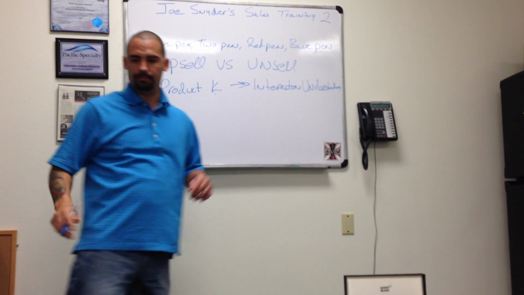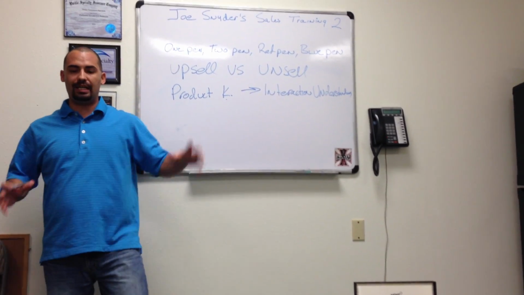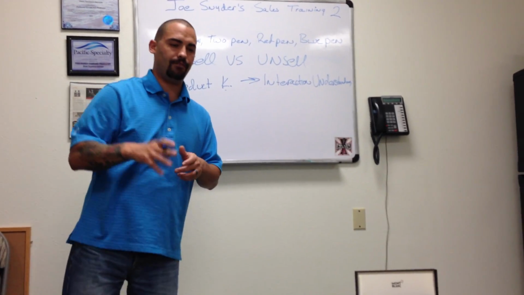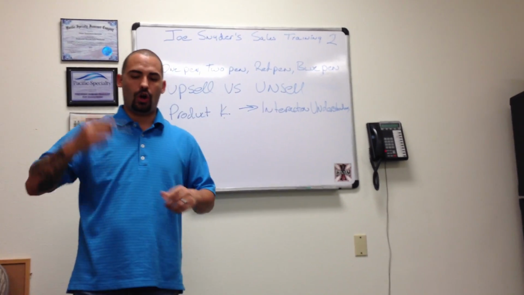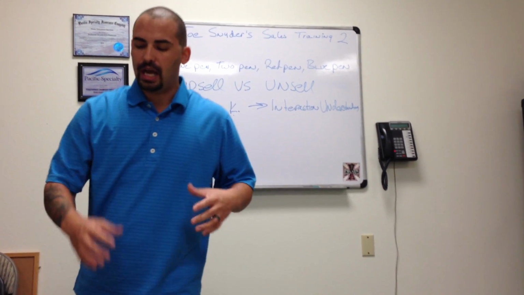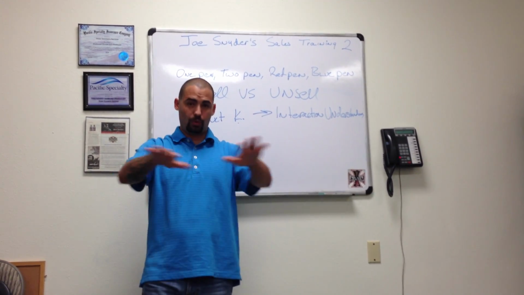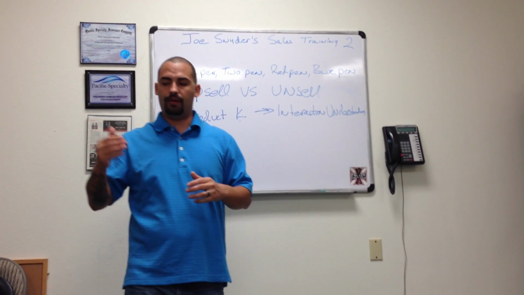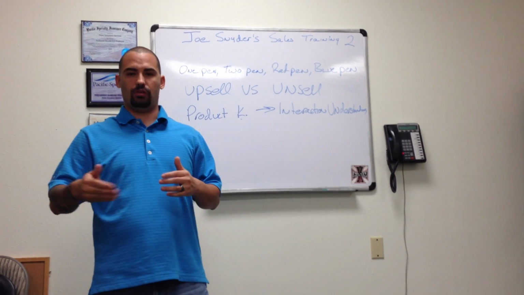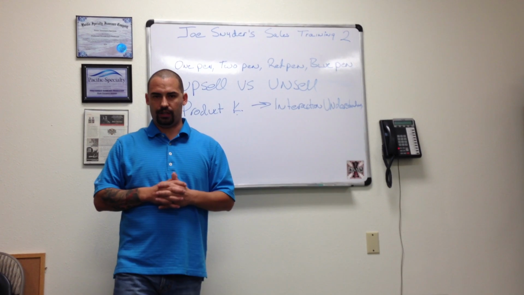Product knowledge with interaction understanding. Okay, these have to be merged. You have to support all of your facts and features and advantages and benefits with a feeling, an understanding, a situational awareness of where you are in your interaction. Okay, and where your client is in their interaction.